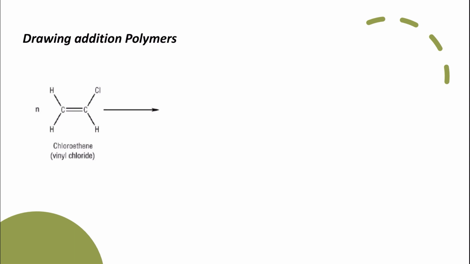If you are given the monomer and asked to draw the polymer, again you replace the double bond with a single bond. So a C-C single bond. Don't forget that you will need an extra bond on both sides of the two carbons, and then you simply add the four substituents: the chlorine here, and hydrogen, hydrogen, and hydrogen.